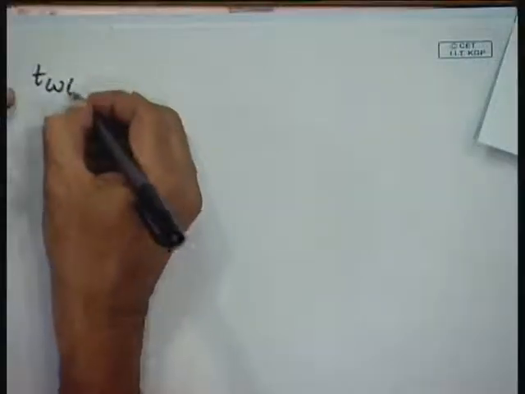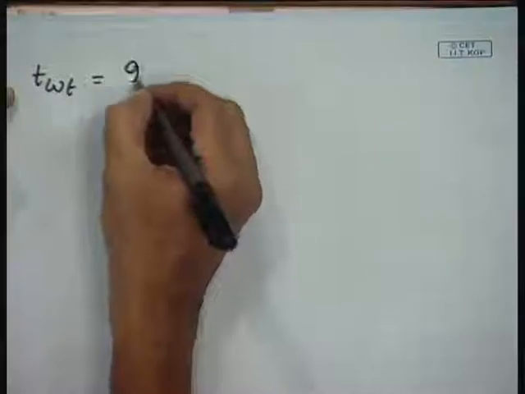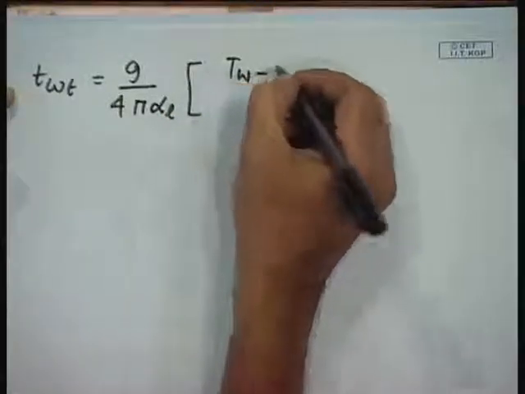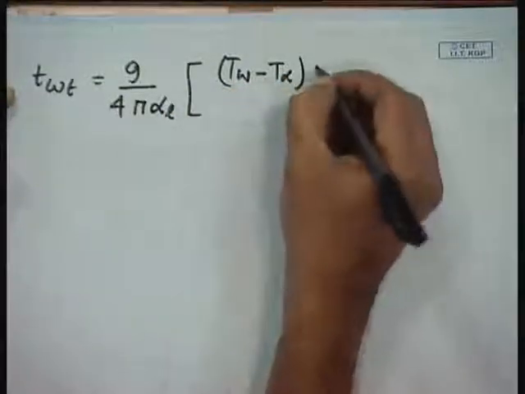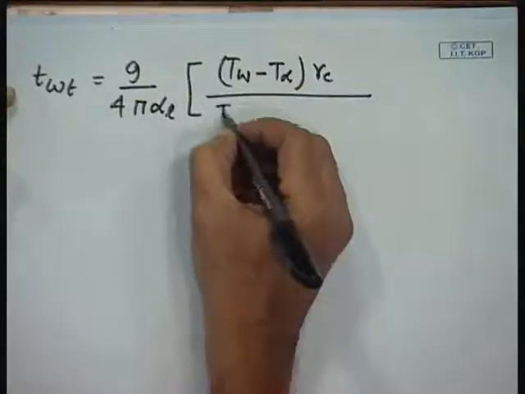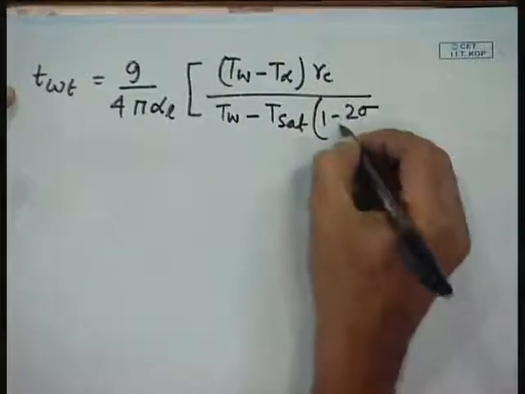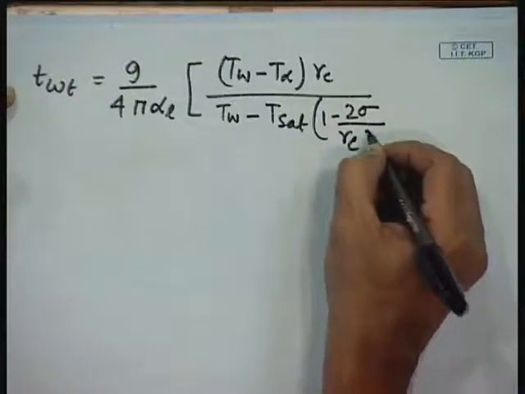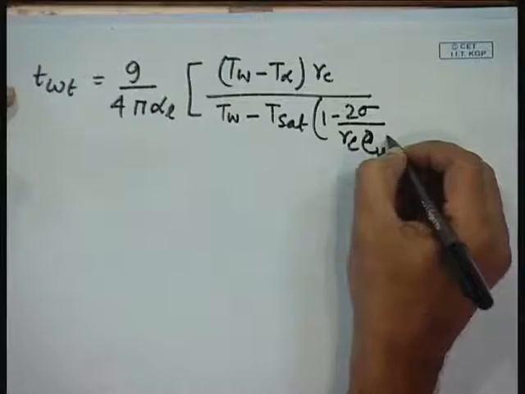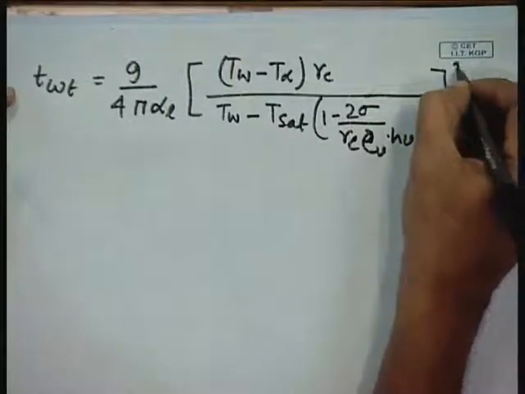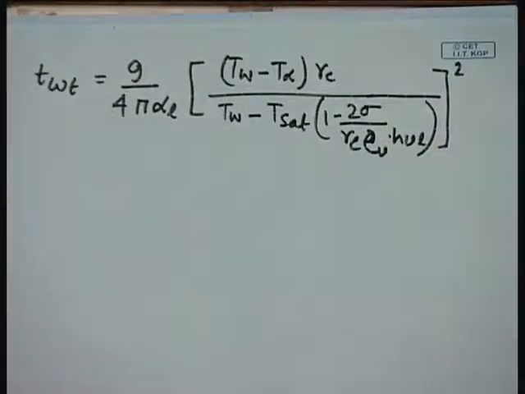I think you will be more comfortable with the simplified equation, that is 9 by 4 pi alpha L, T W minus T infinity, R C, rho V, H V L. So, some simplification of the earlier equation will give you this simplified relationship for the waiting period.